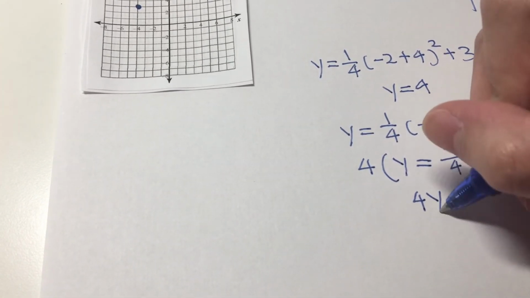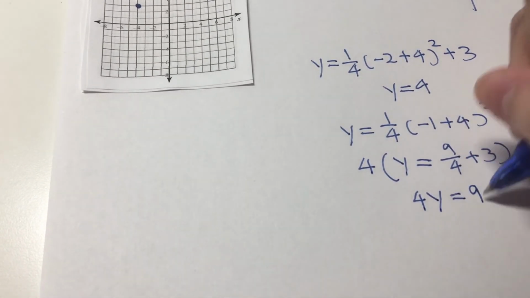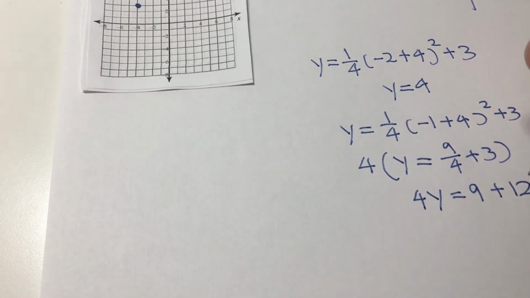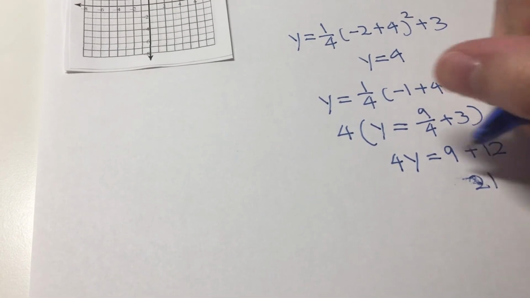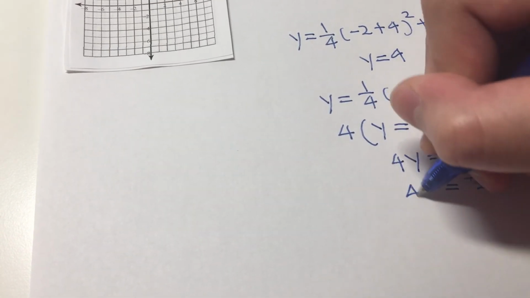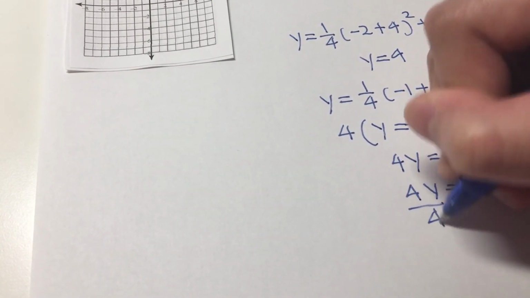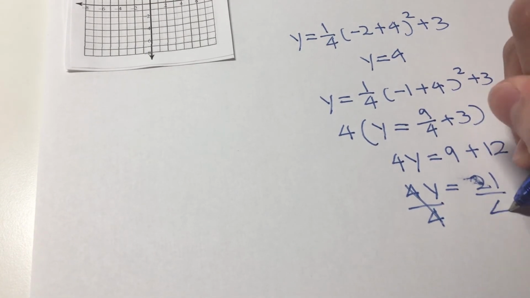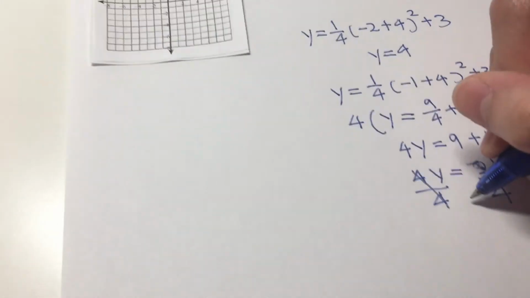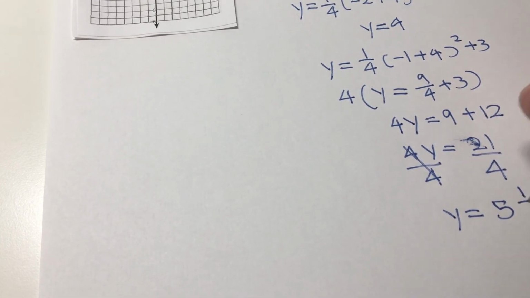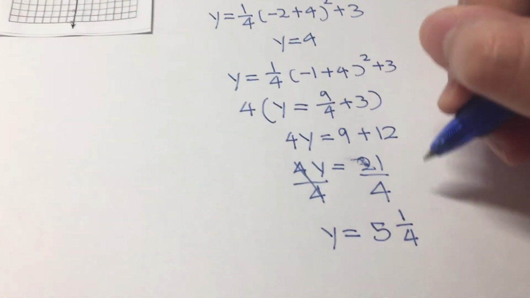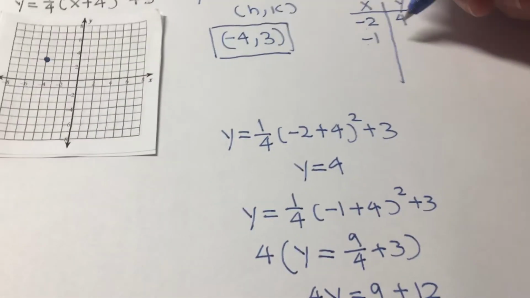So 4y equals 9 plus 12, and 9 plus 12 gives me 21. Divide everything by 4. So this is going to be about 5 1/4. And let's put it on the table.